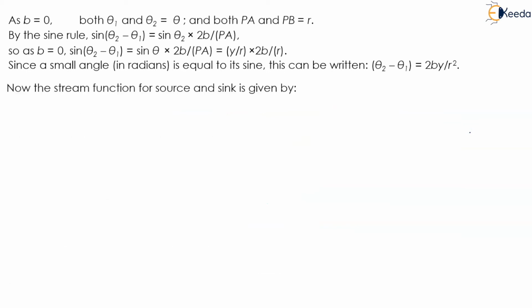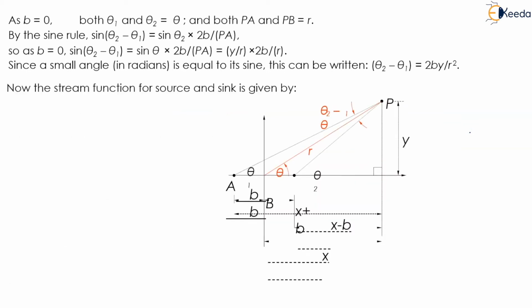As b tends to 0, both theta 1 and theta 2 tend to become theta, and both PA and PB become r. So by the sine rule, sine of theta 2 minus theta 1 is equal to sine theta multiplied by 2b upon PA.